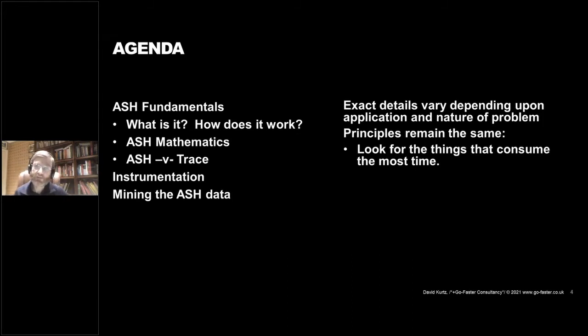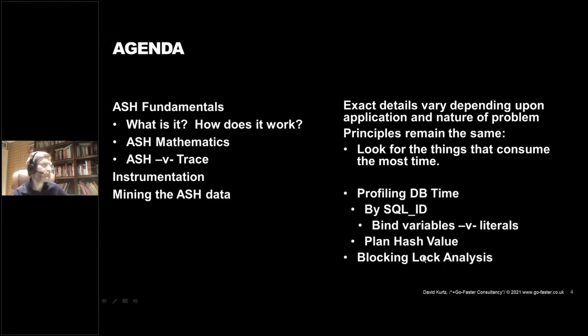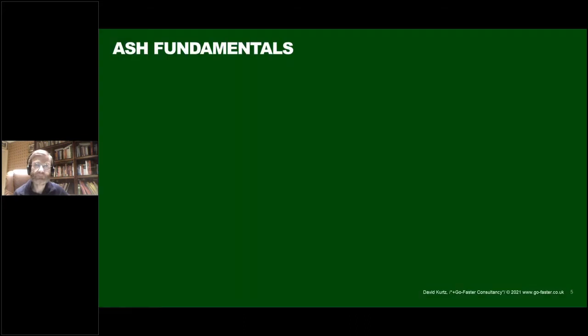Look for the thing that consumes the most time and then go off and address that. ASH will help you identify what it is you want to address. And you'll profile by DB time. You might profile a SQL ID or a plan hash value, or you might do blocking lock analysis. But the question's always the same. How much time did I spend doing what?